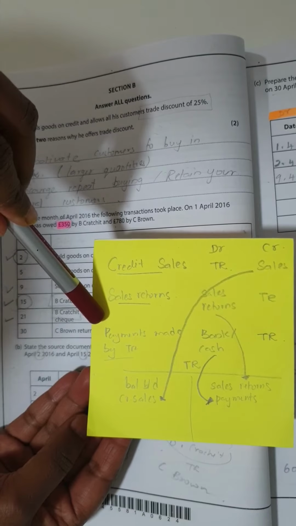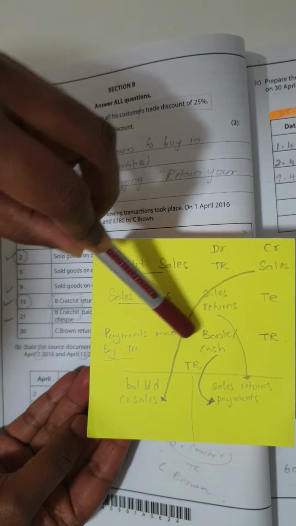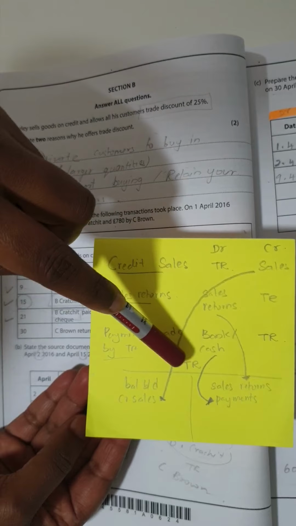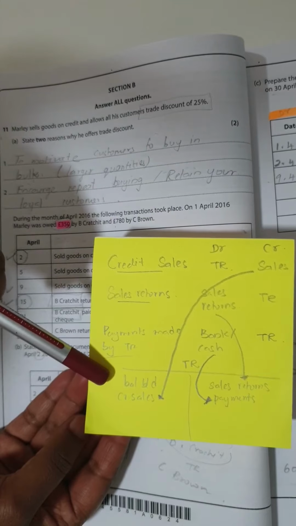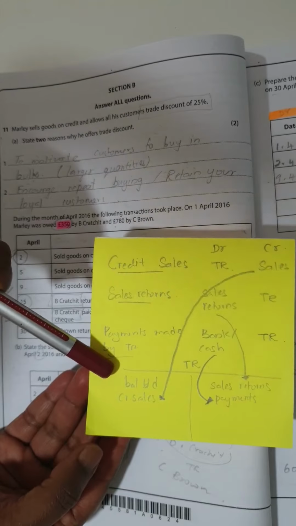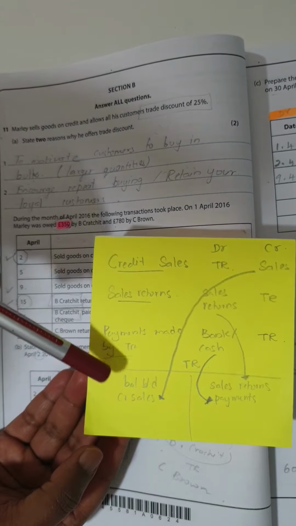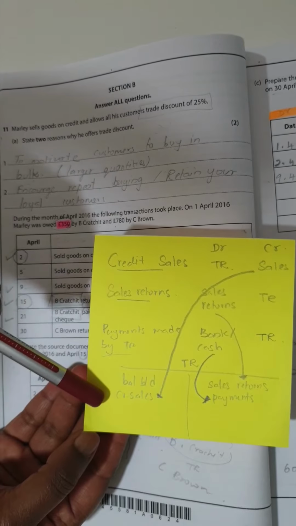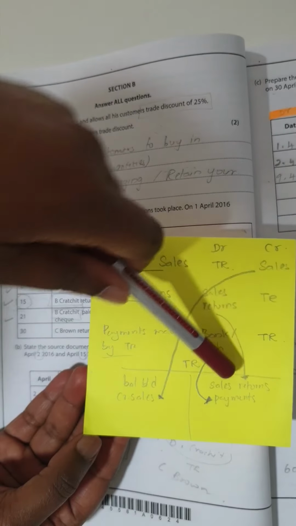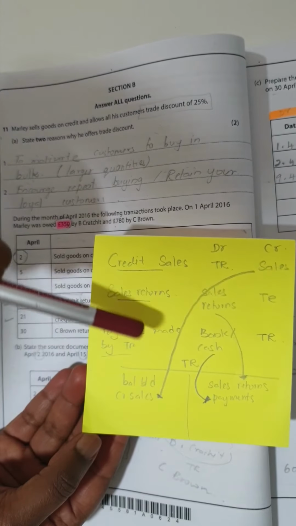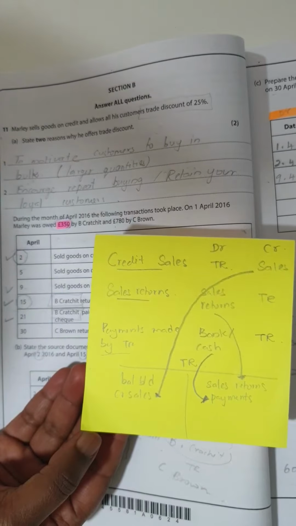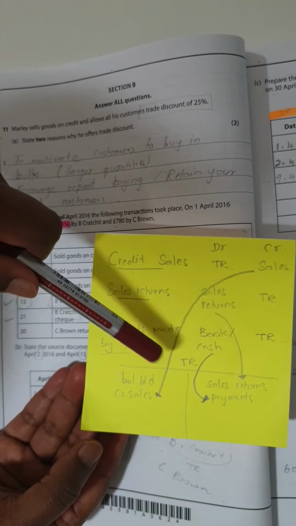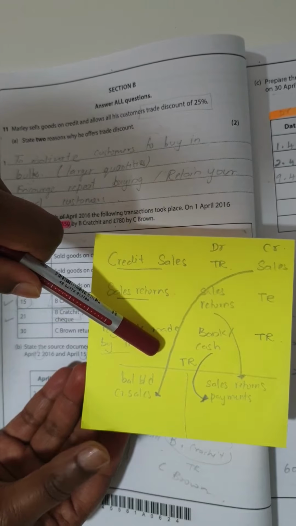When payments are made by trade receivables, bank or cash debit, and you credit trade receivables. How does this appear in a trade receivable account? You enter the opening balance on the debit side because trade receivable is an asset, therefore assets have debit balance. Credit sales go on the debit side of the trade receivable account. Sales returns and payments made by trade receivables will appear on the credit side of the trade receivables account. This account is similar to a sales ledger control account.